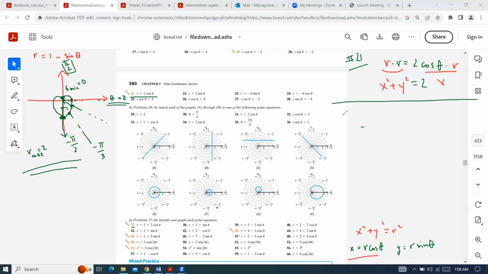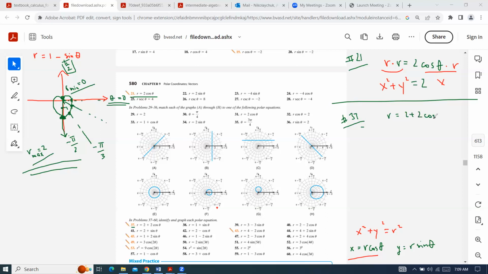So in this exercise, I'm going to follow the plan of finding the maximum and the minimum endpoints, and when r is equal to 0 also. So the equation here is r is equal to 2 plus 2 cosine theta. So the task is to graph it.